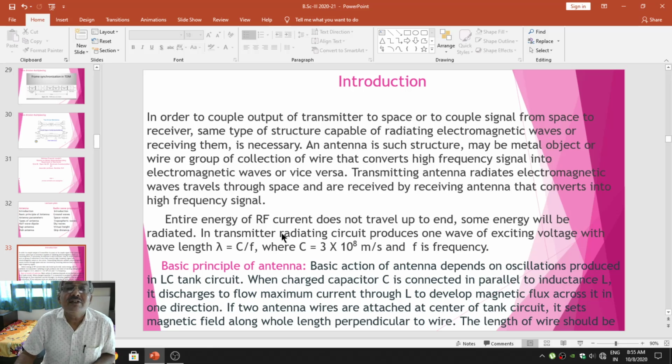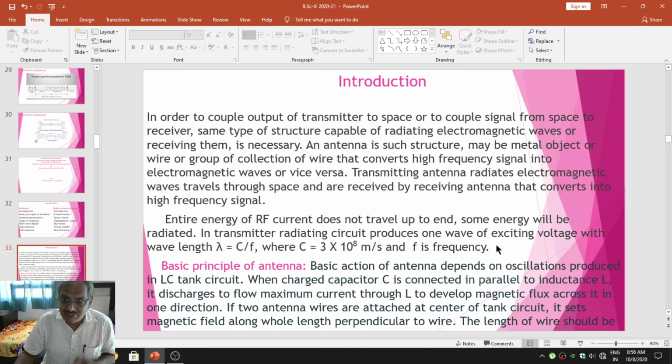In the transmitter, the radiating circuit produces a wave of exciting voltage with wavelength lambda equal to c upon f, where c is the velocity of light or of the electromagnetic radiation, given as 3 into 10 raised to 8 meter per second, and f is the frequency transmitted by the transmitter.